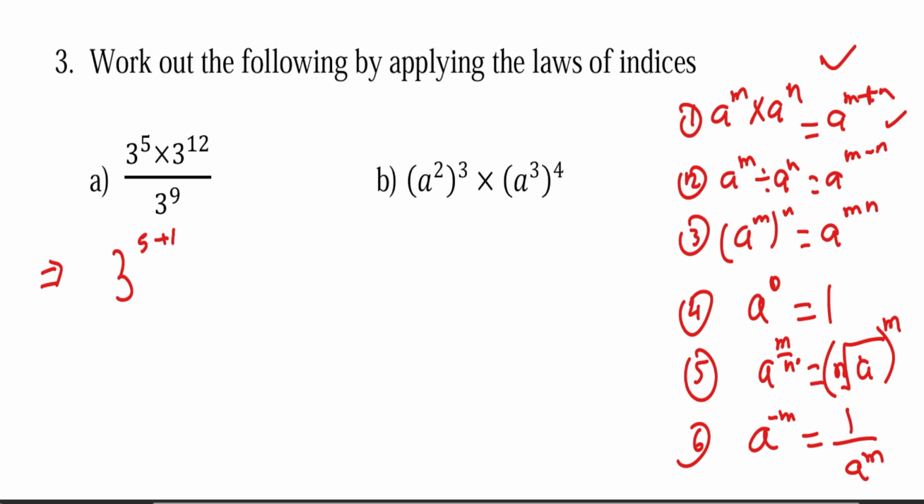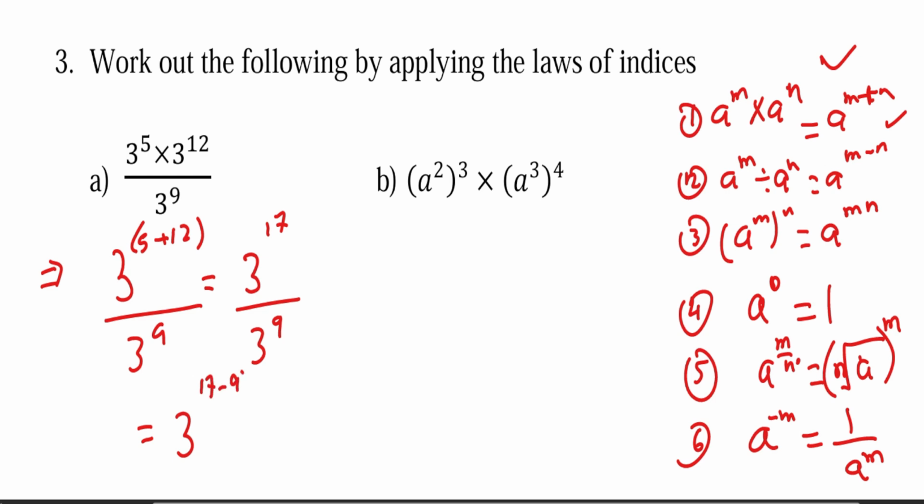So 5 plus 12 gives you 3 to the power of 17. Divided by 3 to the power of 9, then you subtract the powers. So 17 minus 9 gives you 3 to the power of 8.